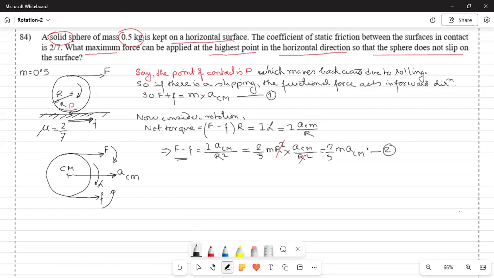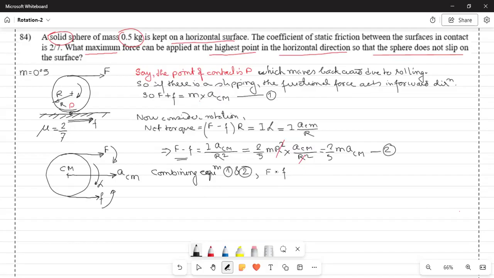Combining equations 1 and 2, we get capital F minus small f is equal to 2 by 5 MACM, and MACM is capital F plus small f.